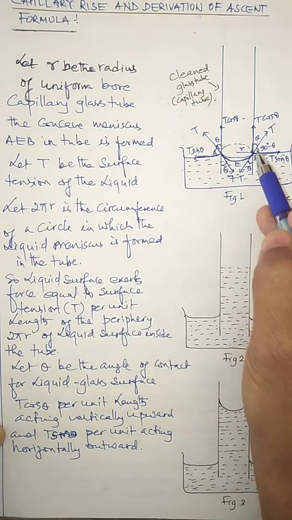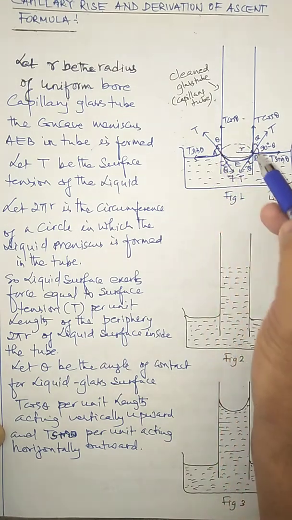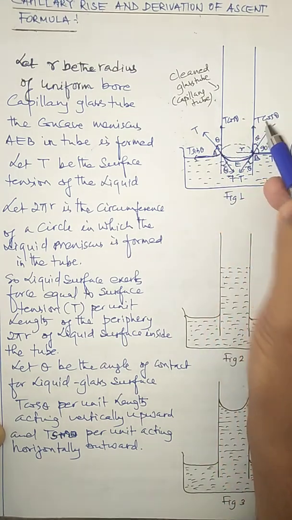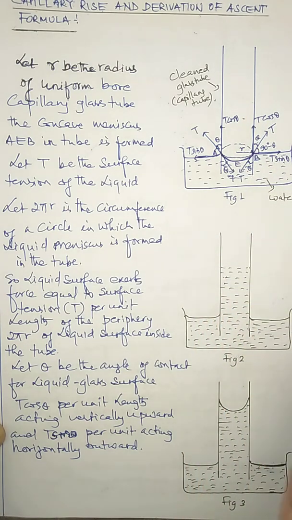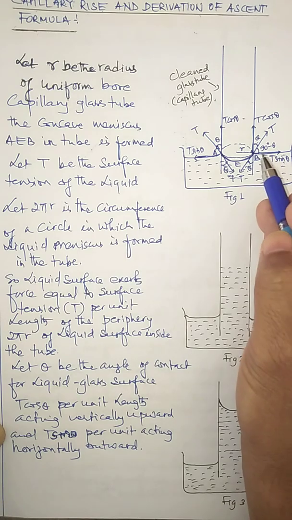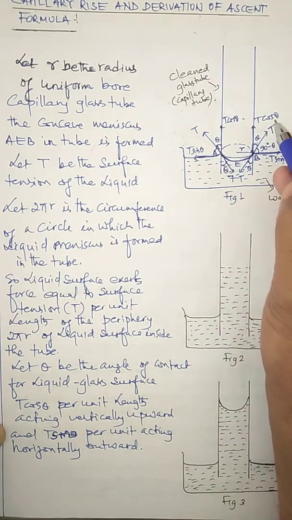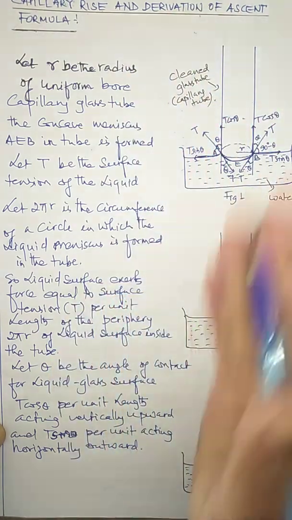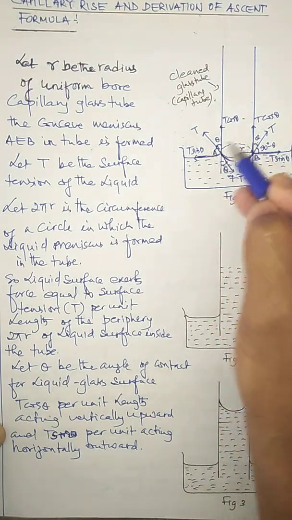The vertical component acting per unit length, over the entire circumference of the circle, this T cos theta acting vertically upward, will simply add up. So the total vertical component can be easily calculated as 2 pi r into T cos theta. This T cos theta is per unit length, acting vertically upward. But what is the total circumference of the circle? 2 pi r.